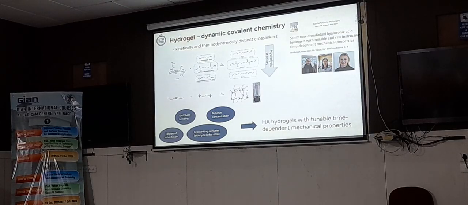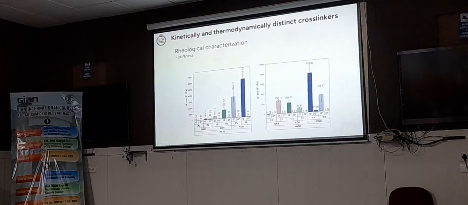And they then looked into the mechanical properties. For doing this, we're using rheology. And here are some results of what it looked like, where you have different functionalities. Here we have hyaluronic acid with 13% aldehyde functionalization, and on this side you have 50% aldehyde functionalization.